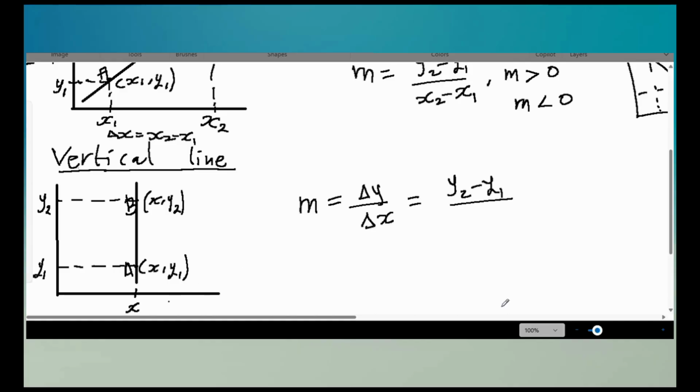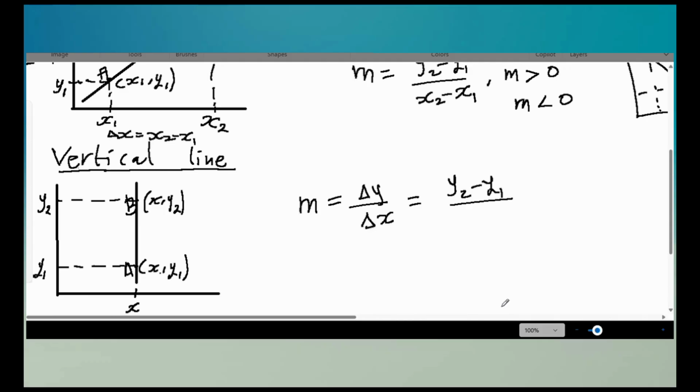But let us look at the x. We do not really have any change in x, because the coordinate of my x at this particular point is just x. When I go to point B, the coordinate of the x is what, x.